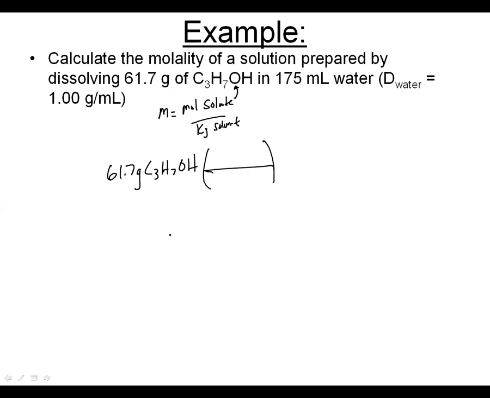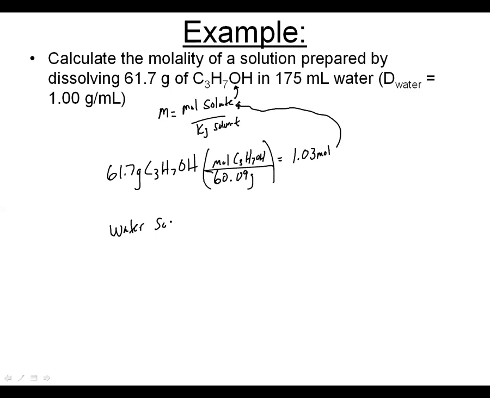That's going to give us 60.09 grams per mole. That's going to give us 1.03 moles. And this would be the top part. In this case, the water is the solvent, right?